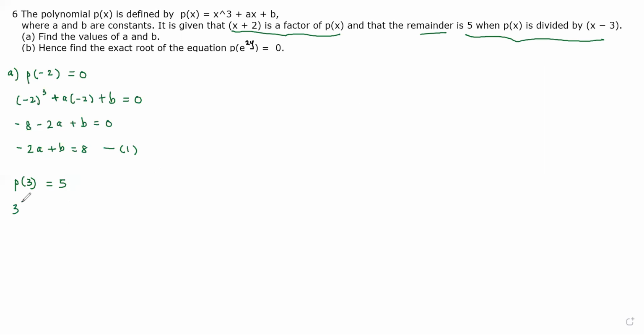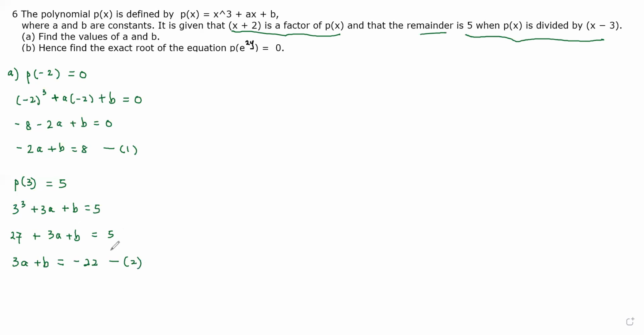We have 3 to the 3 plus 3a plus b equals 5. So 27 plus 3a plus b equals 5, or 3a plus b equals 5 minus 27. That is negative 22. Equation number 2.